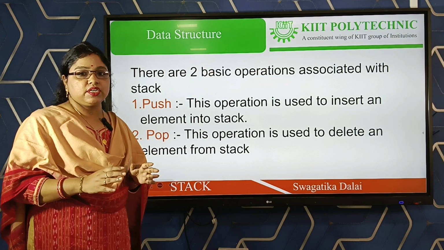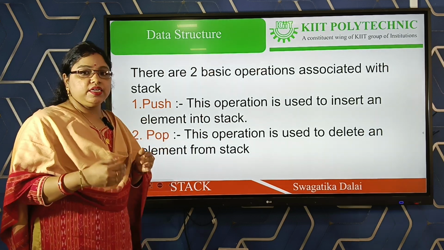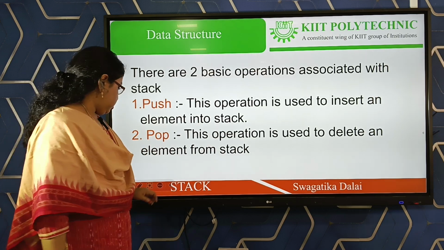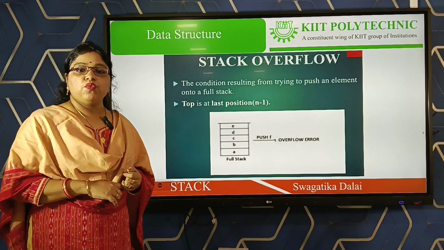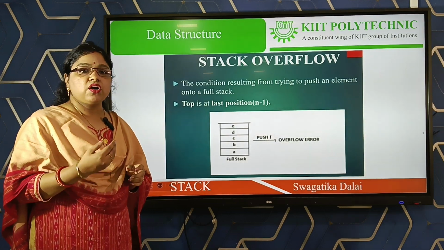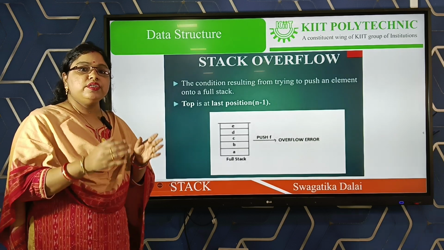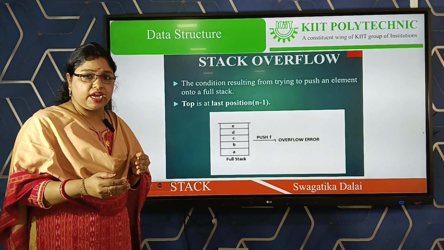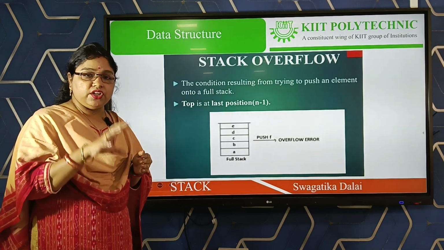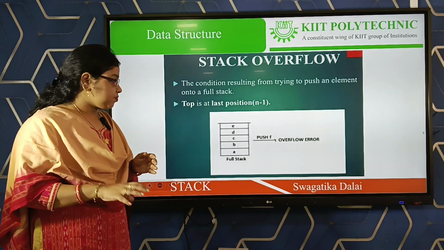Before discussing these two operations, let me first tell you about two types of situation. The first is the stack overflow situation and the second is the stack underflow situation. Stack overflow means whenever the stack is full and we want to insert an element in the full stack, an error occurs, known as stack overflow.